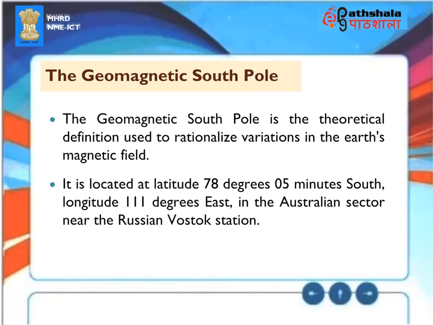The geomagnetic South Pole. The geomagnetic South Pole is the theoretical definition used to rationalize variations in the Earth's magnetic field. It is located at latitude 78 degrees 5 minutes south, longitude 111 degrees east in the Australian sector near the Russian Vostok region.